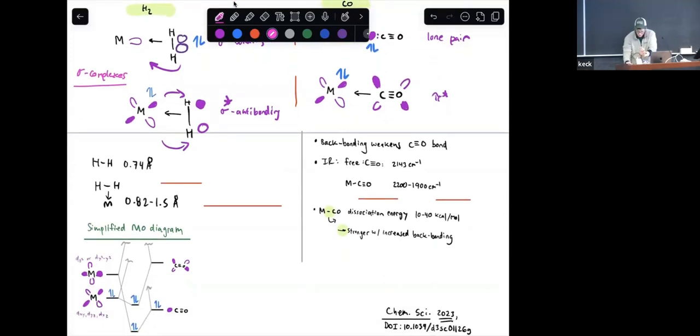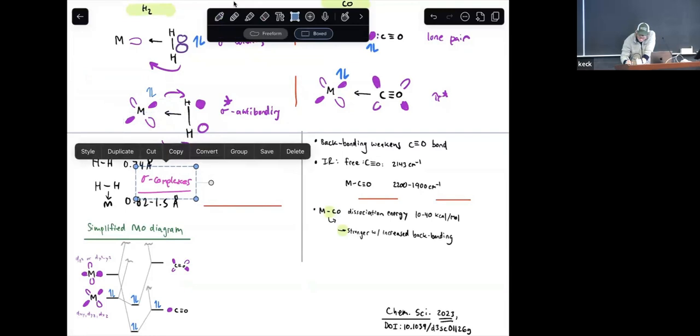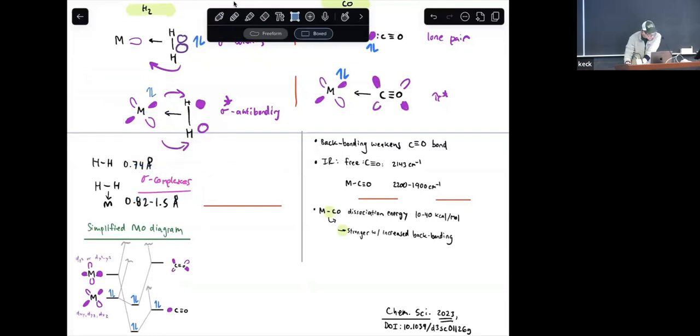We talked about how you can read out the consequences of back bonding, and that can be done as well in the case of an H2 metal adduct. If you were to perform X-ray crystallography of an H2 metal adduct, and this has been done before, you'll see significant elongation compared to the bond of free H2.